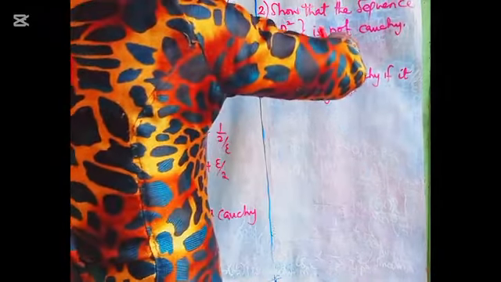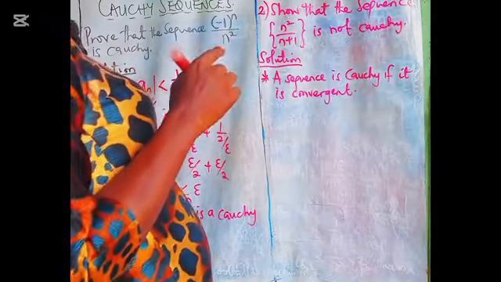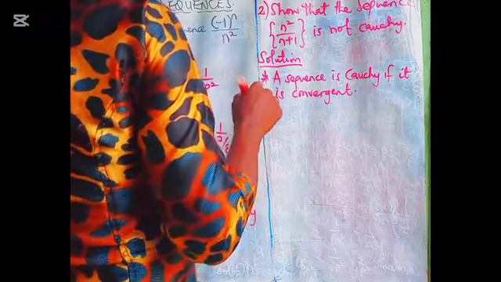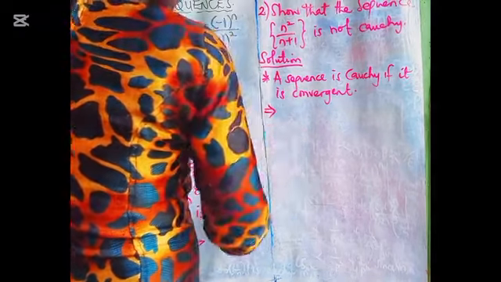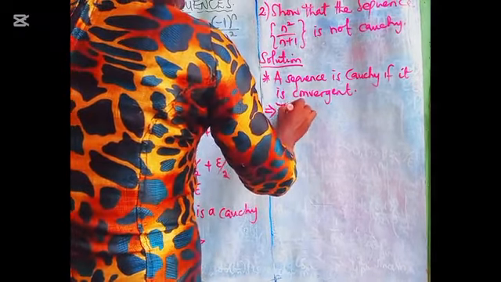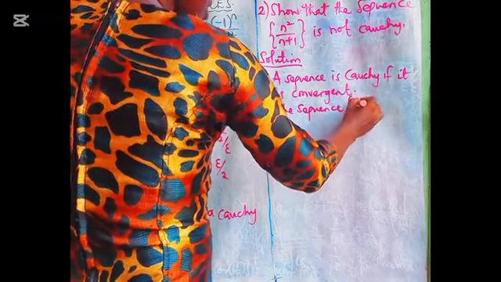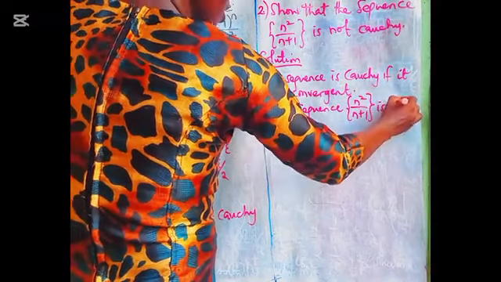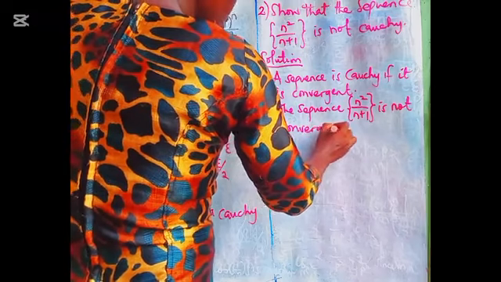So to show that this sequence is not Cauchy means that we are going to show that the sequence is not convergent. This implies showing that the sequence n squared over n plus 1 is not convergent.